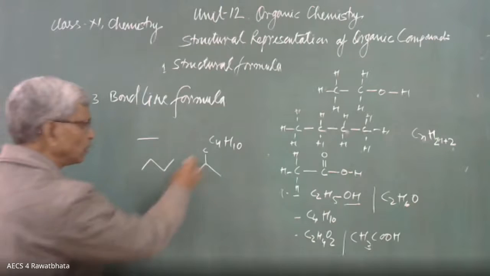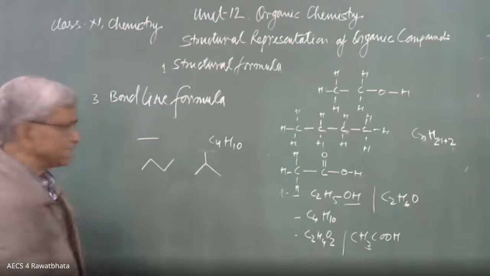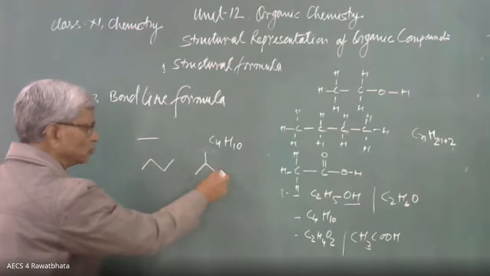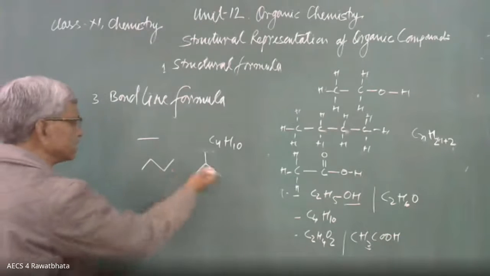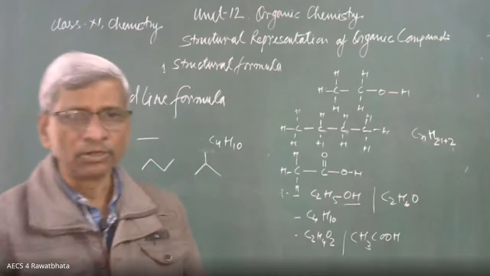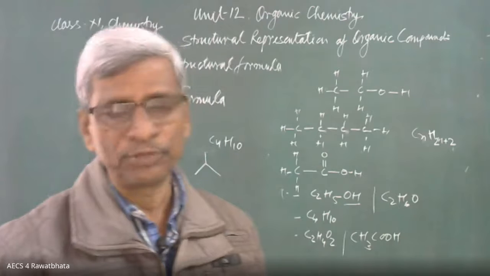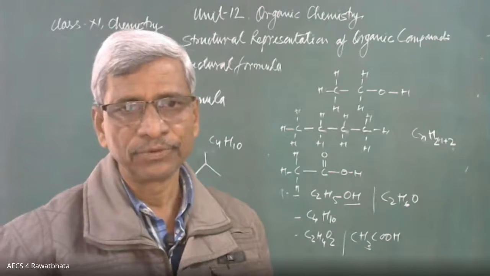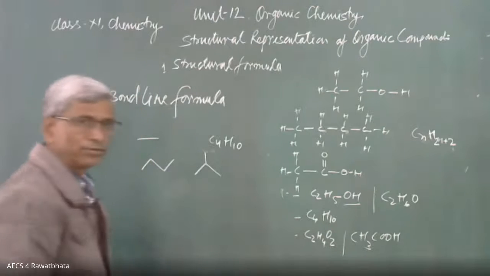These are the 2 isomers. Here C is not needed, simply this much is enough. C is here. So 1, 2, 3, 4. These are the 4 carbon atoms, and these are the isomers of butane. One is called normal butane, N-butane, and another is called isobutane. Okay, beta? So this is the bond line formula of this compound.